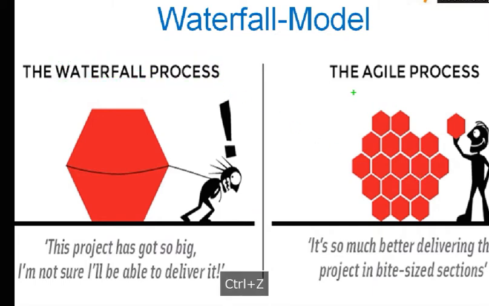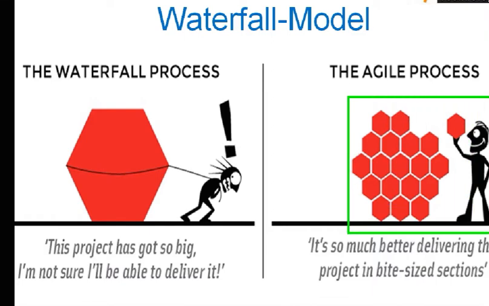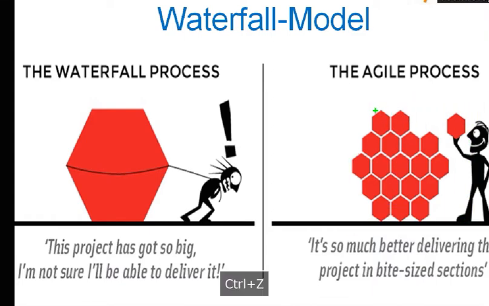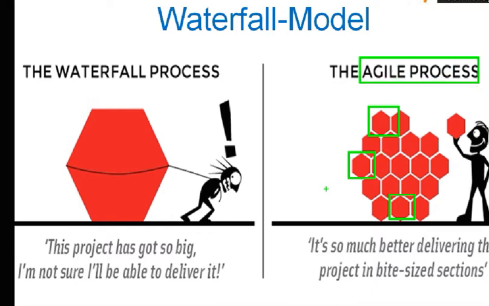But in this Agile model, we will divide the project into multiple units. Then we can deliver one by one module. We can say that this Agile model will simplify the development process. But the question is why this waterfall model will take more time.